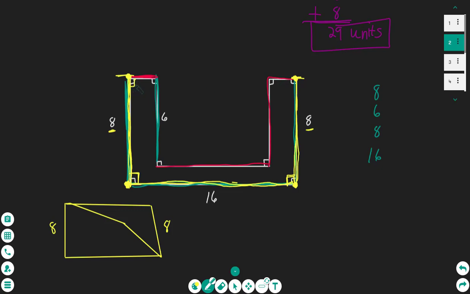Because this is a right angle and this is a right angle, that means that this line here is not only flat, it's also parallel. This line is parallel with this line. This line is also at 90 degrees on both sides, so this side here is also parallel with this line. And then this is coming straight down.